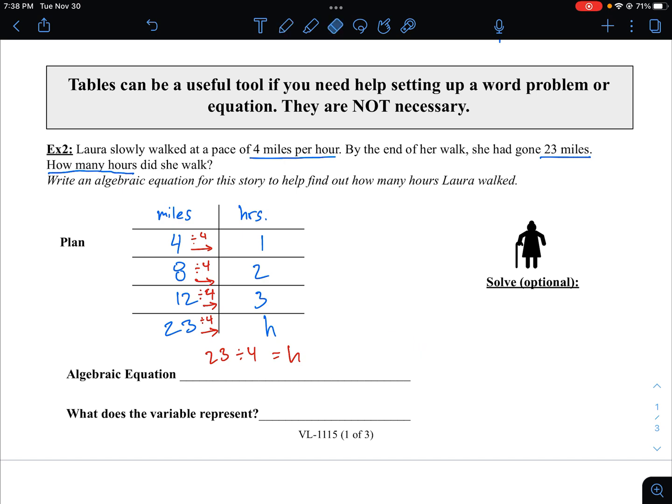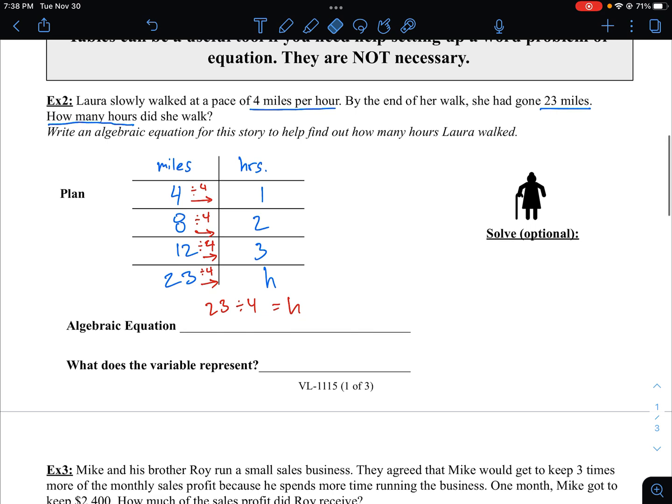Or you can figure out the other direction, which is like, how do I get from 1 to 4, or 2 to 8, or 3 to 12? Well, you times 4. Times 4. Times 4. How do I get from h to 23? Well, do the same thing. You multiply by 4.